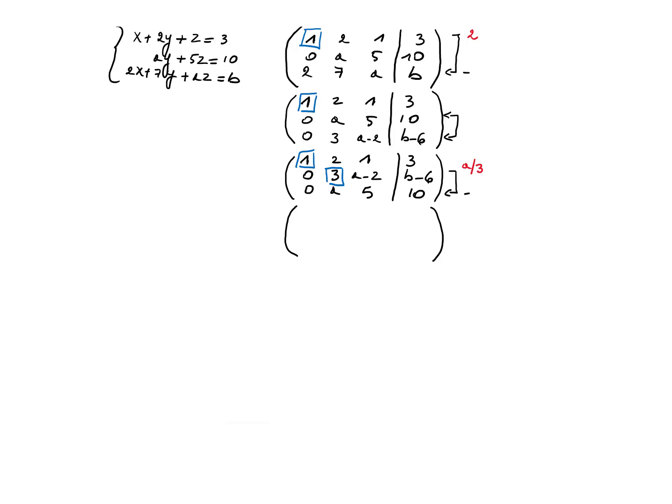So of course the first two lines will remain the same. And we'll have, of course, a 0 over here, a 0 over here. Here we'll have 5 minus 8 over 3 times a minus 2.